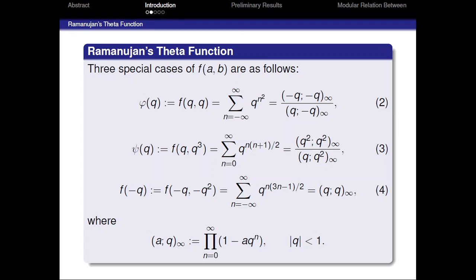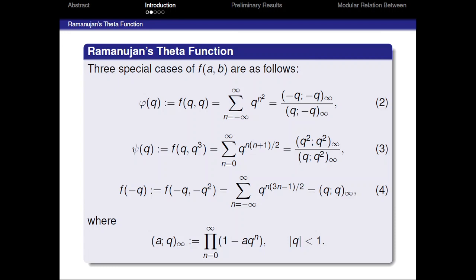In equation 2, phi(q) is equal to f(q, q), which we can write as the summation from n equals minus infinity to infinity of q^(n^2), equal to (-q; -q)_infinity divided by (q; -q)_infinity. For equation 3, psi(q) is equal to f(q, q^3), equal to the summation from n equals 0 to infinity of q^(n(n+1)/2), equal to (q^2; q^2)_infinity divided by (q; q^2)_infinity.